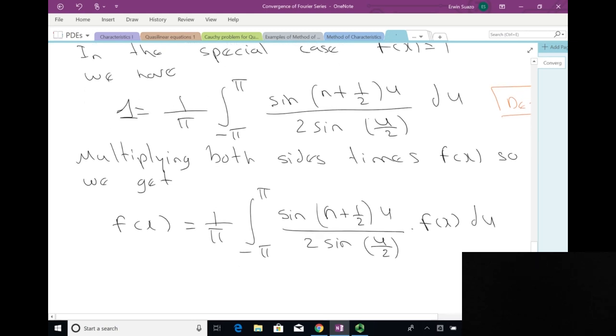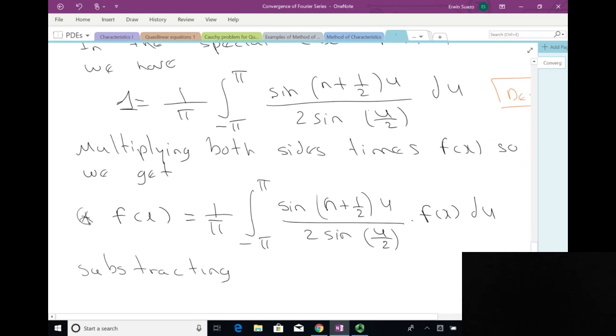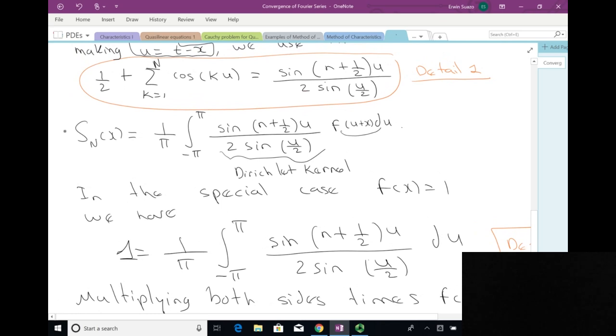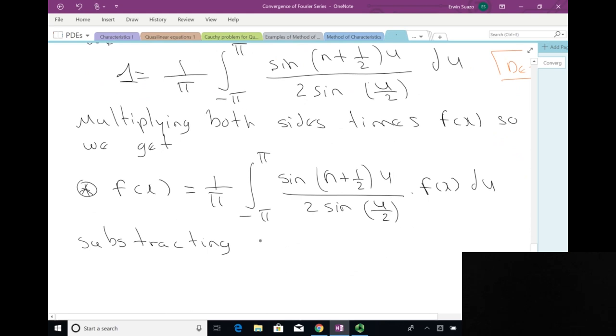Okay, and now we're going to subtract. Let's call this one 1 and this is 2. Sounds kind of weird to call it a star.